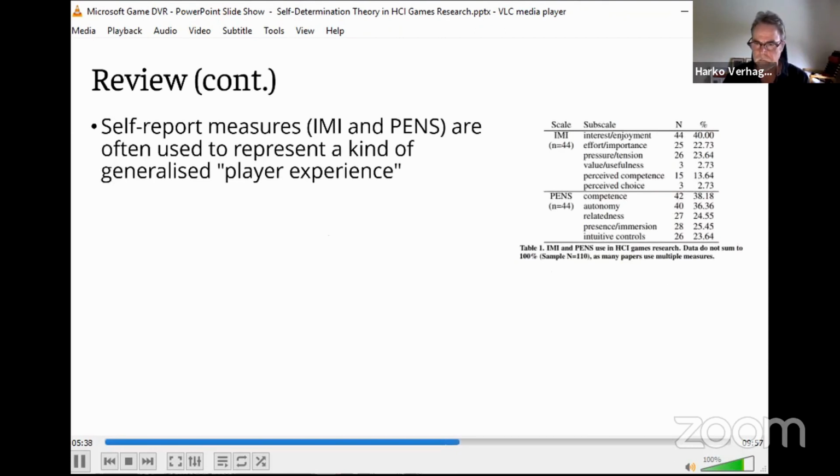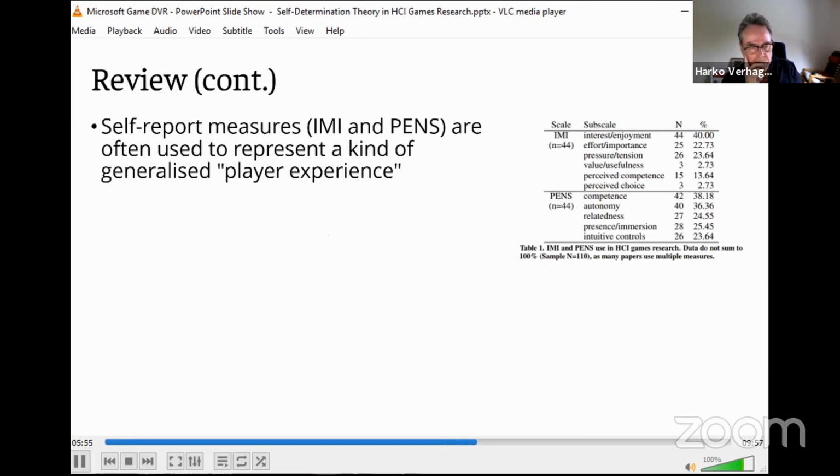Saw a lot of use of the IMI and the PENS, and quite often to stand in as a kind of generalized player experience when evaluating an artifact or a video game or some other game elements.